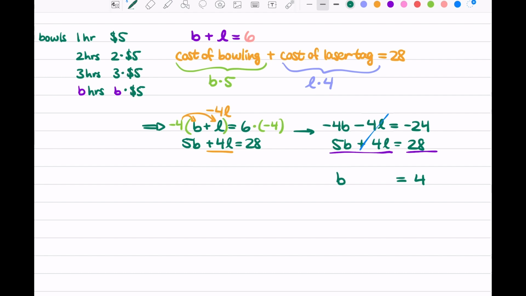So B is equal to 4. So if Simon wants to spend all of his $28 at the arcade, he's going to have to bowl for 4 hours. And we know that the number of hours that he bowls plus the number of hours he plays laser tag is equal to 6. So if B is equal to 4, that means that L has to be 2, because 4 plus 2 equals 6.